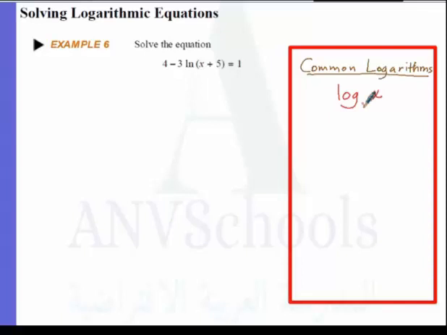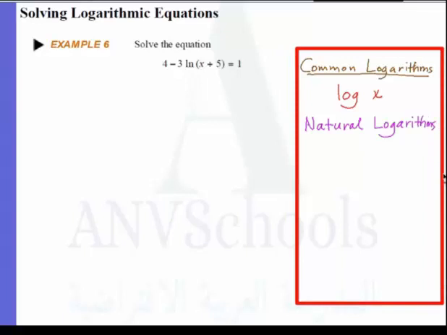And another one is the natural logarithms. And these natural logarithms are expressed in terms of ln. So for example, ln of x plus 1. Okay? So to counter these natural logarithms, normally we raise them with a base e.